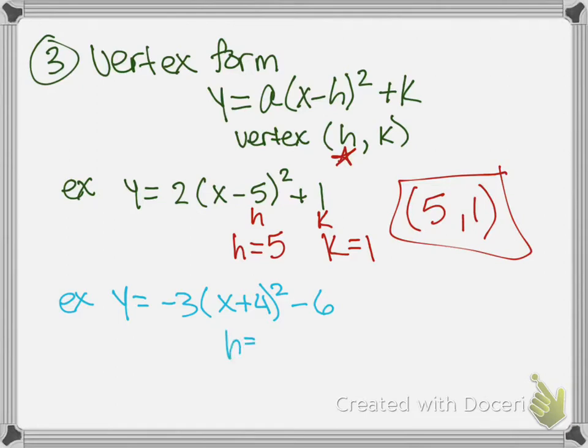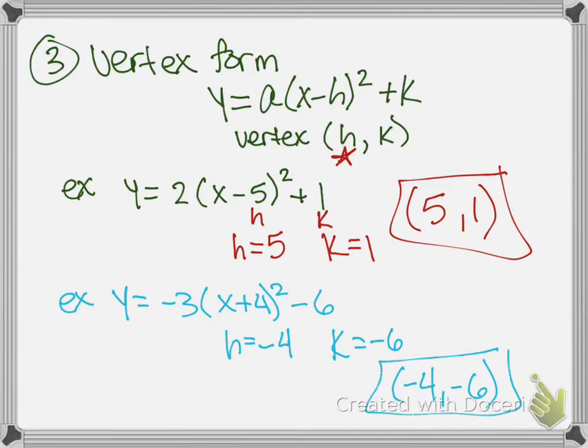So if I see x plus 4, my h value is going to be a negative 4. The k value always stays exactly the same, so it is a negative 6. So your vertex is negative 4 and negative 6. So the only tricky part is you have to make sure you take out the opposite sign for h. K will stay exactly the same.